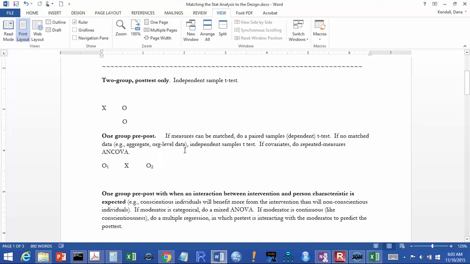If you have covariates, I didn't put this in the document, but it just occurred to me now, all you need to do is do a regression instead and dummy code the intervention as 0, meaning individuals who were not in the program, and 1, individuals who were in the program, and create that variable in your SPSS file. Then regress all post-test scores, or the DV, onto that 0, 1 variable, meaning the intervention, and then have your covariate, whatever that is.